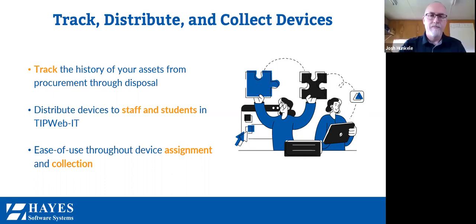Yeah. So in terms of distributing our devices, at the start of each school year, we pre-assign the devices to our staff and students. We put a little slip with their name in it. We generate that from TipWeb.